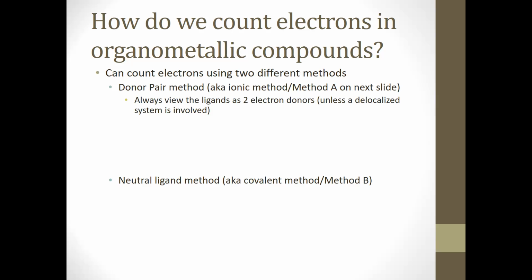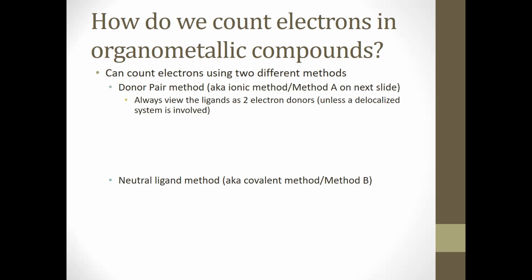Neutral chlorine really only has 1 electron to donate, right? If you imagine pairing with hydrogen to make HCl, hydrogen has the other electron to make that covalent bond. So in order for it to be a 2 electron donor, you have to make it the chloride, Cl minus, as far as how we treat it in this ionic system.